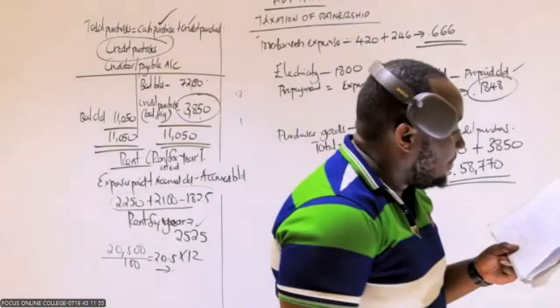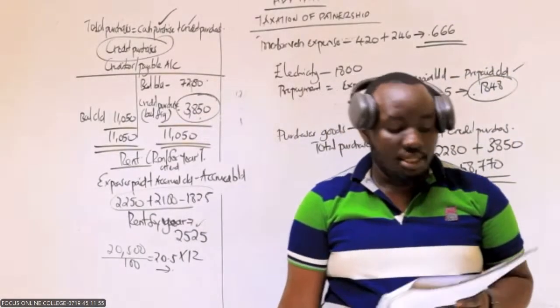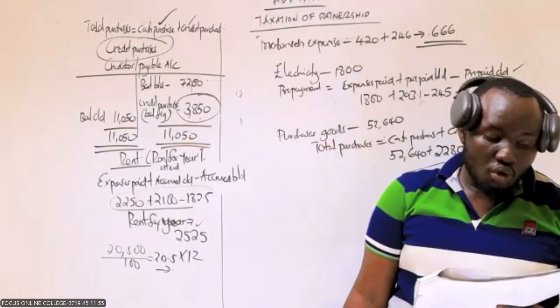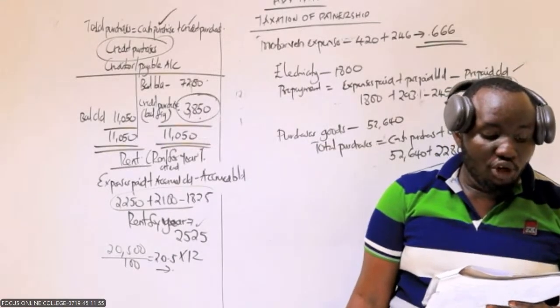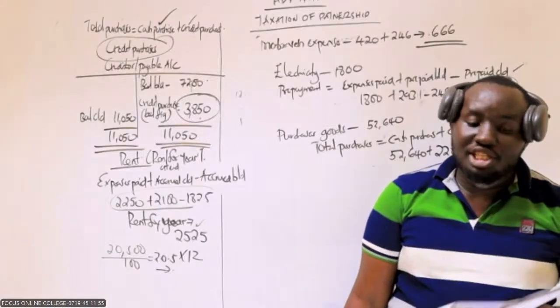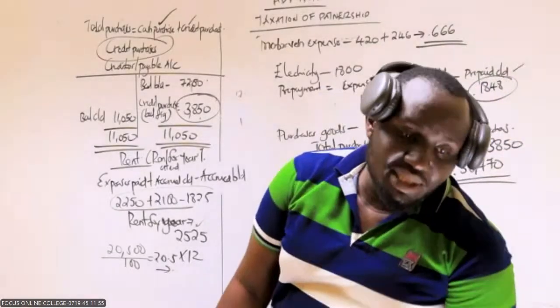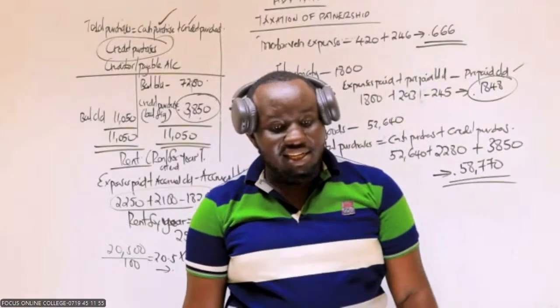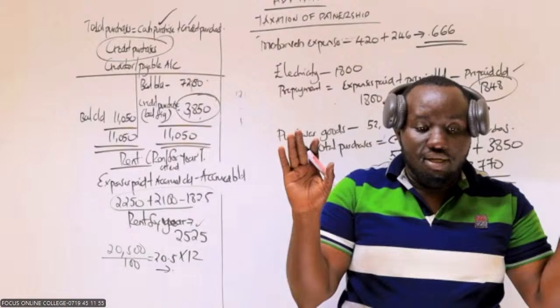We have what we call flotation cost. When you say flotation cost, what are we saying? That again tells me something. Flotation cost can only occur when there's a company issuing shares.